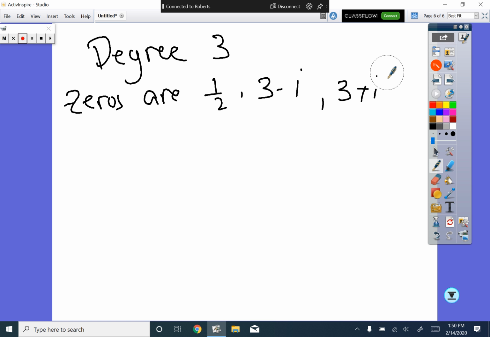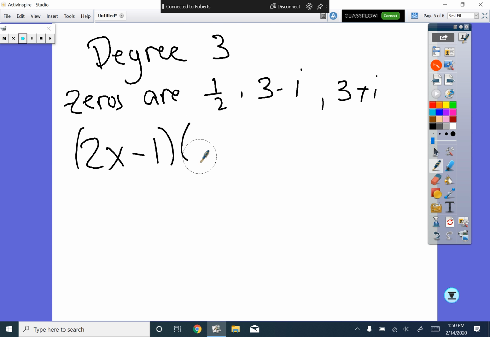Let's go ahead and write this in factored form. So if I write this in factored form, I have 2x minus 1. Does everybody see where the 2x minus 1 comes from? Okay.